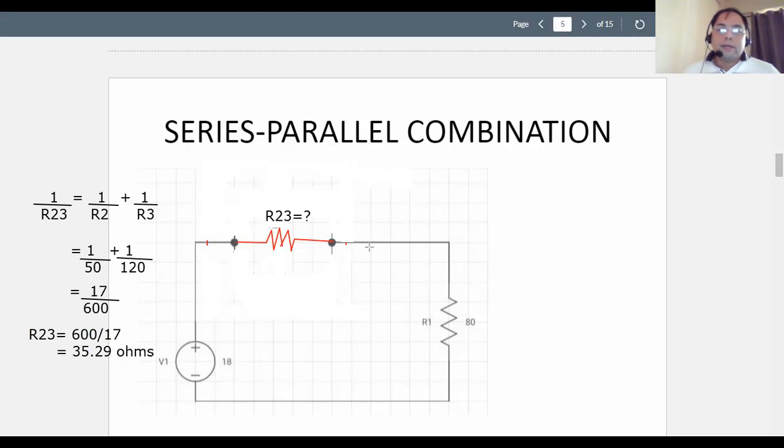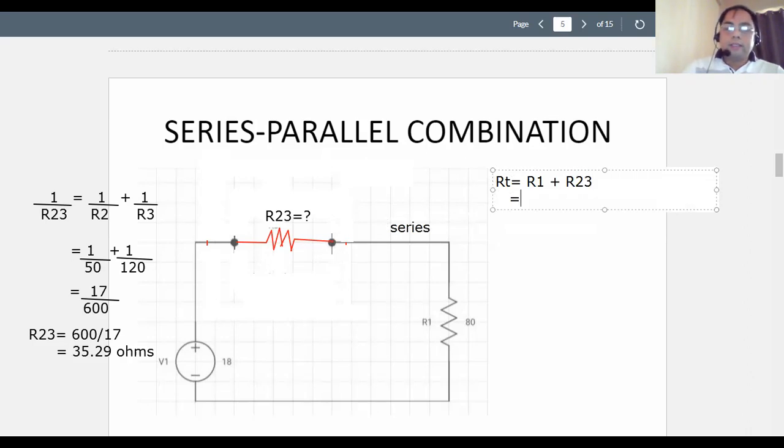So now, since we simplified the expression, we have a series connection. Therefore, our R total, if you solve for it in this case, will be R1 plus the combined value of R23, which is 35.29.